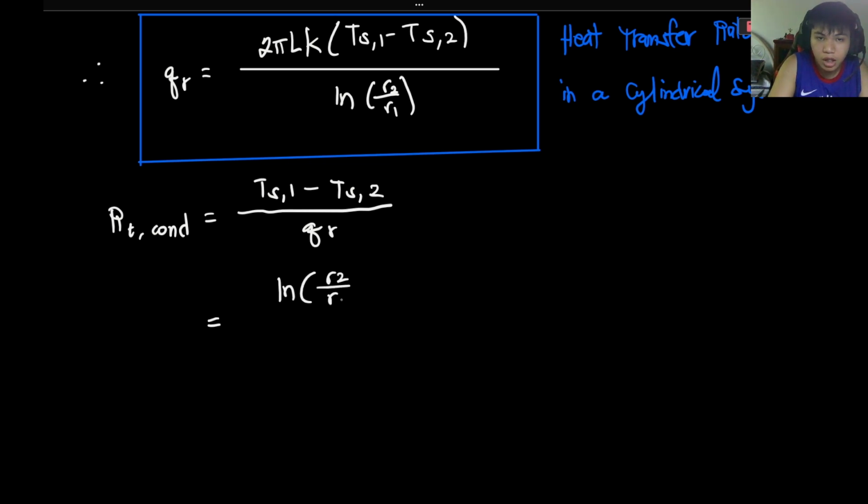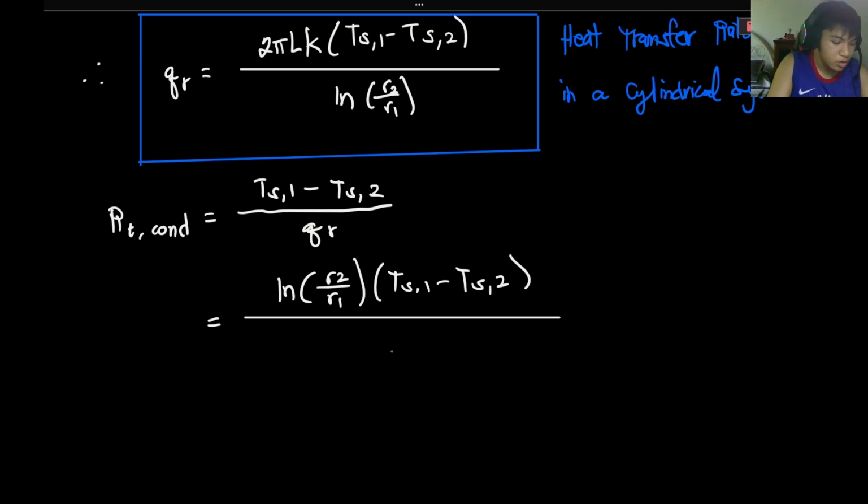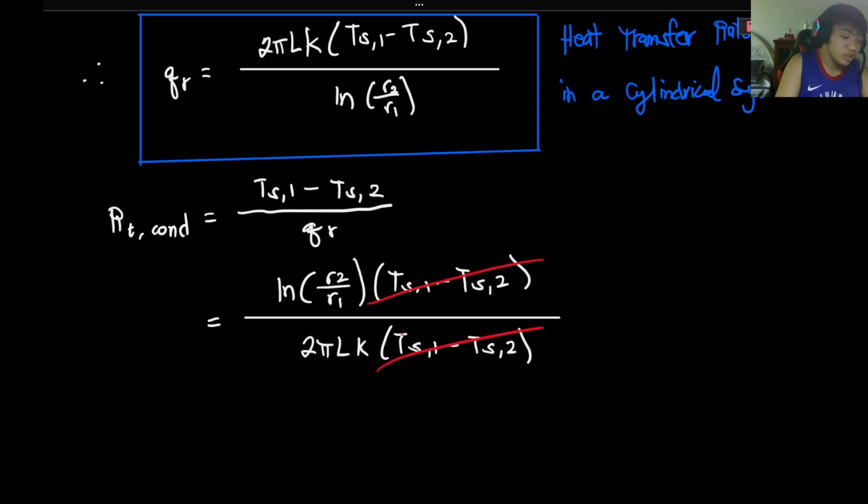So ln of r2 over r1, we multiply that by our temperature difference, Ts1 minus Ts2, and that is all over 2 pi L k times Ts1 minus Ts2. It's pretty nice since you can just cancel our temperature difference.